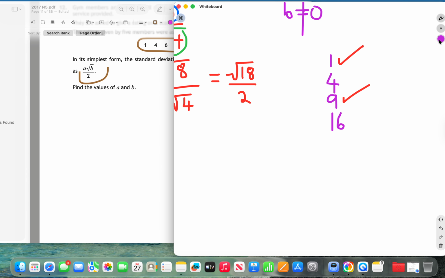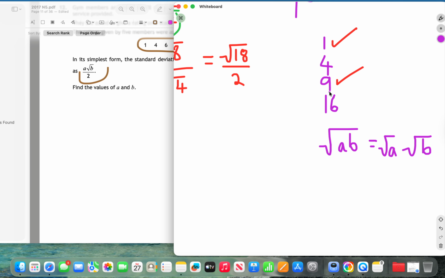And you need to know this law of surds. We mean by this that root AB is root A times root B, or A multiplied. So this is what we get. Now, because we have 9, we're going to rewrite 18 as 9 times 2.